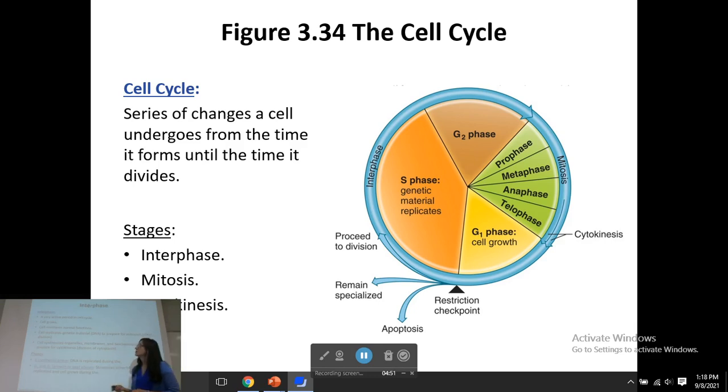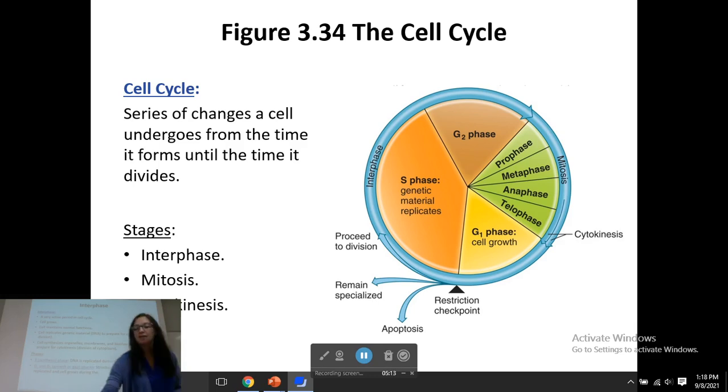So we talked about interphase, what's happening there, and this replication of the genetic material is very important. When we get on to the next chapter, we're going to talk about how DNA replicates itself and how important that process is. So that happens during interphase.